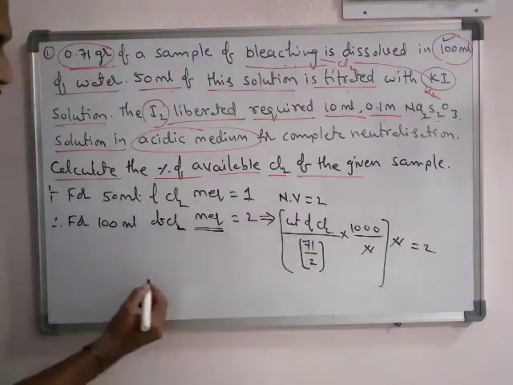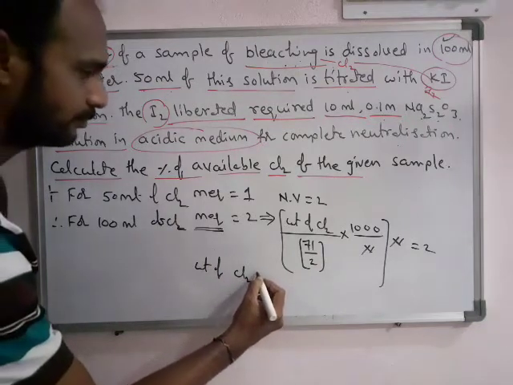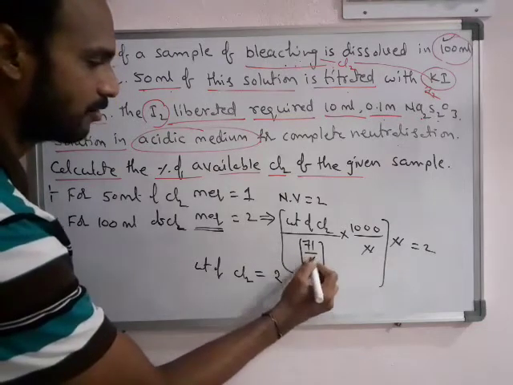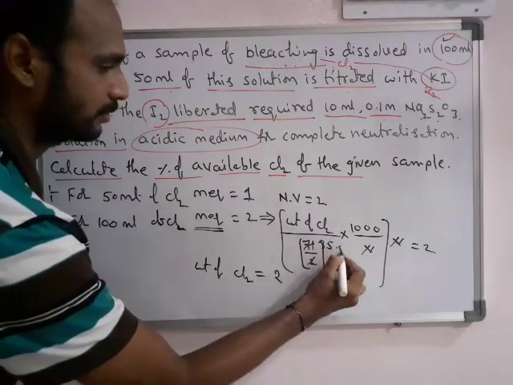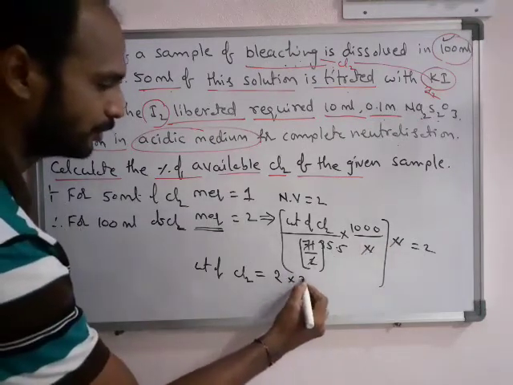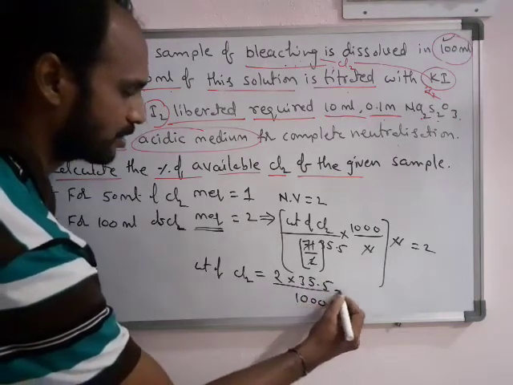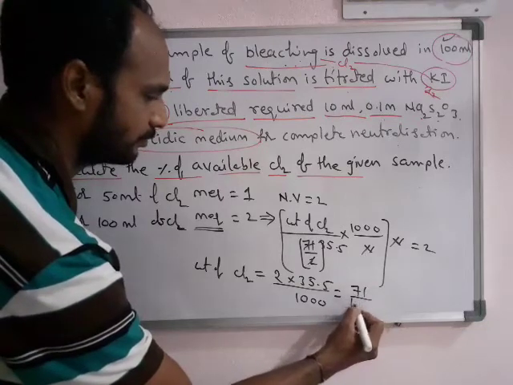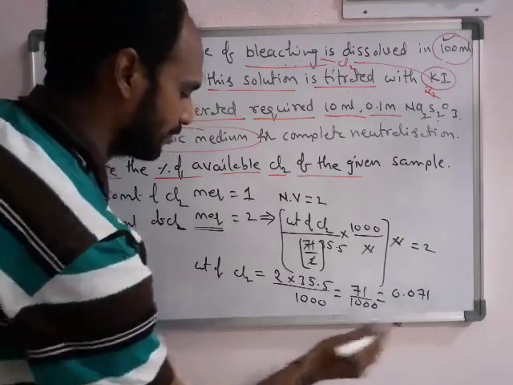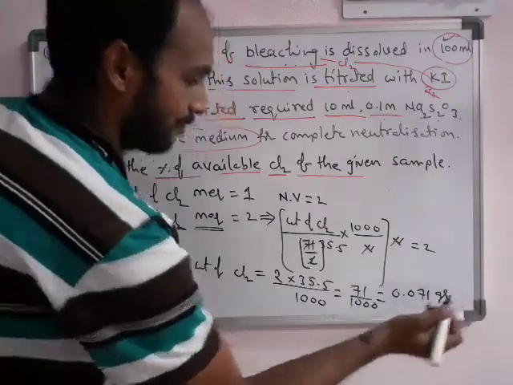So now you will get the weight of chlorine equal to 2 into 35.5 by 1000. Here we get the weight of chlorine equal to 0.071 grams.